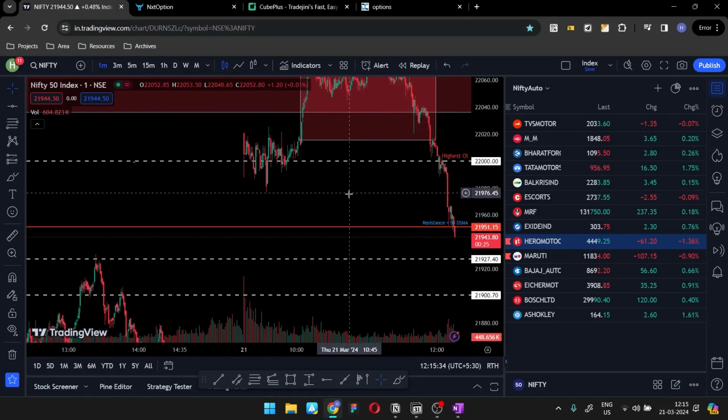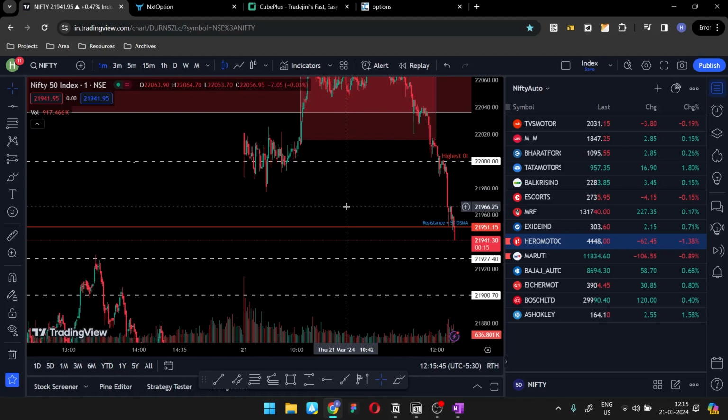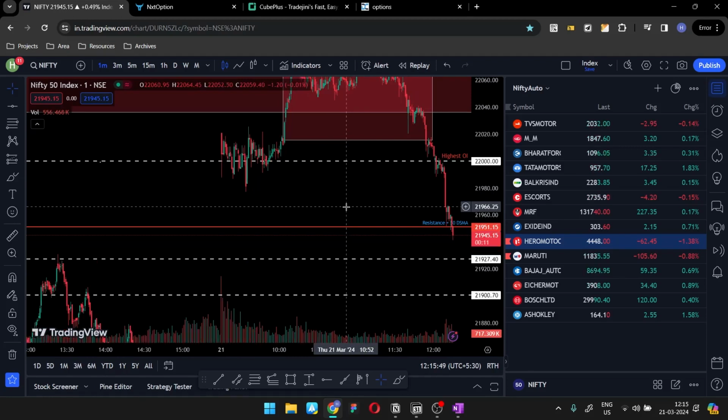27 is one point where we can consider. When 27 is approached, we can try one small short entry into that. Let's see.